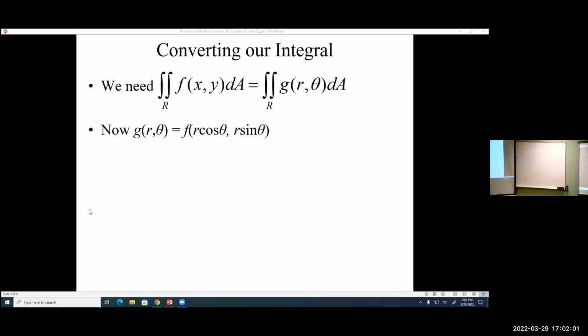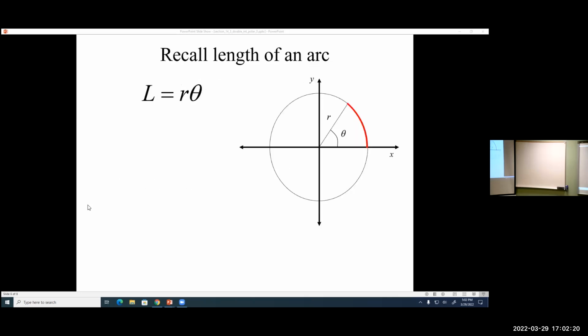So we need to decide when we want to do that. Like we said, when the region is circular, all you need are your transformations. X is r cosine theta, y is r sine theta, and x squared plus y squared equals r squared. Those three things. And then there's the dA component, and you saw this in the video, so I won't bore you with it again.